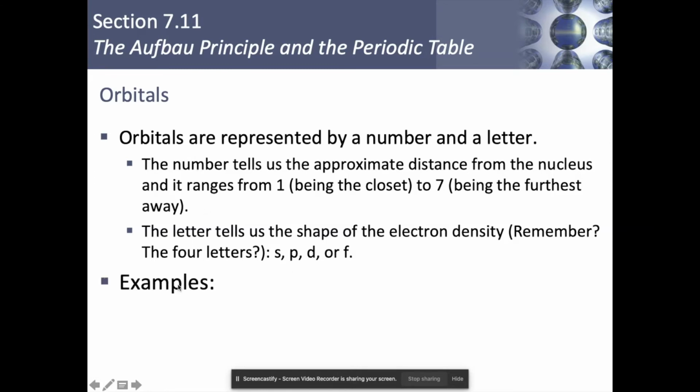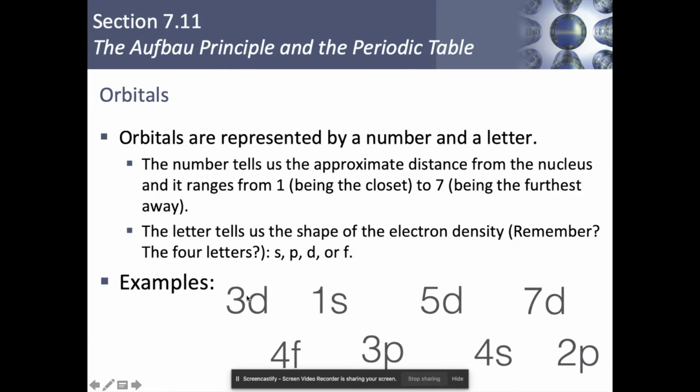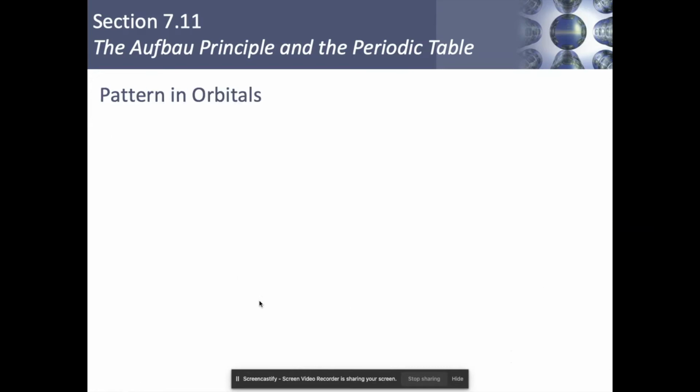So all of these random examples, 3d, 1s, 5d, 4s, 7d, these are all examples of orbitals, okay? Different orbitals that exist. Again, the number is pointing out what the distance is from the nucleus, and the letter is telling us the approximate shape that we might find for our electron density map.